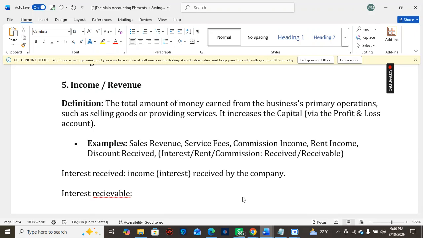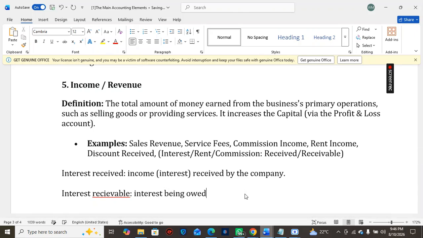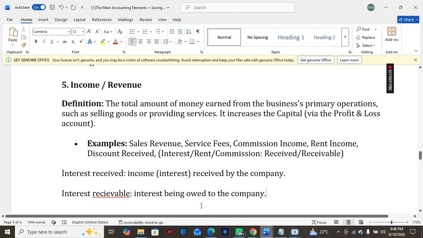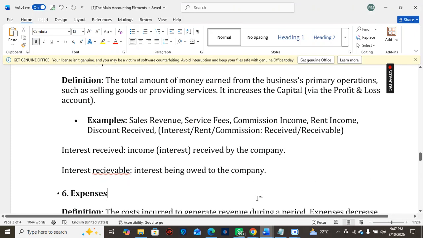The company is owed that money, but it hasn't been paid. Interest being owed to the company, accrued income. But both of them are treated the same in the financial statements, as you're going to see when we talk about the accounting concepts, the accruals concept, which says to record income or expenses even though no money has been received or paid out.